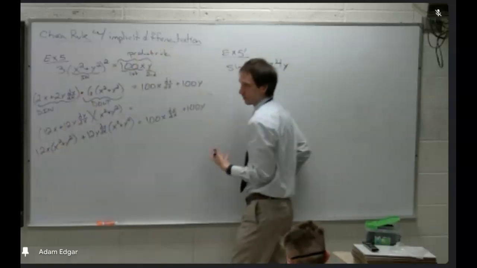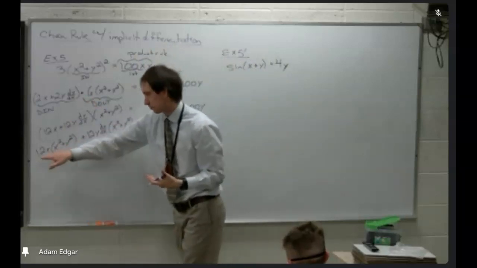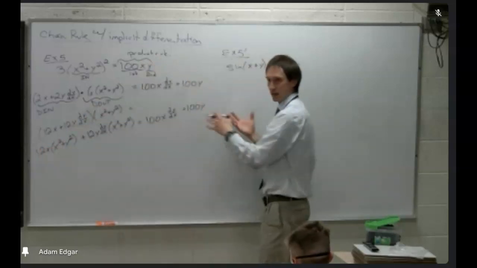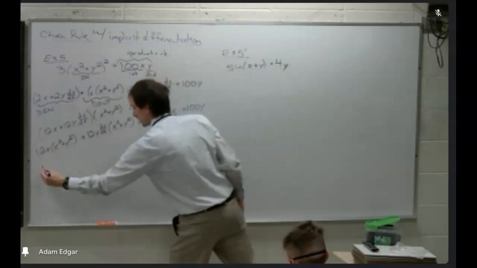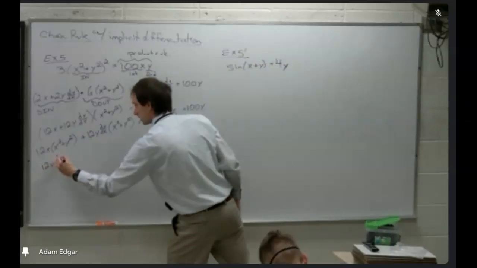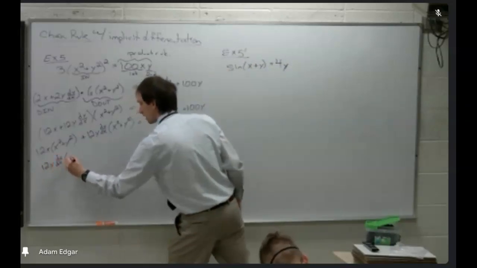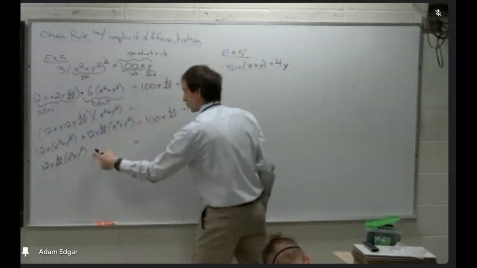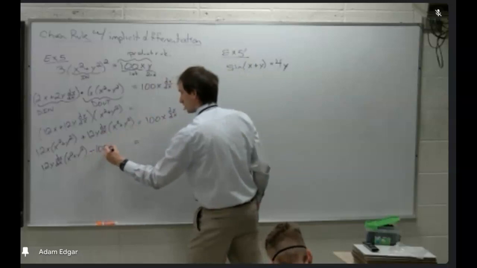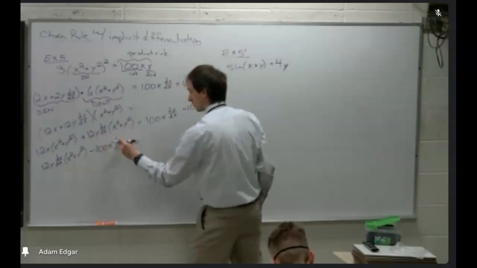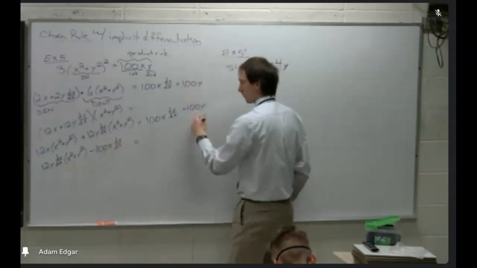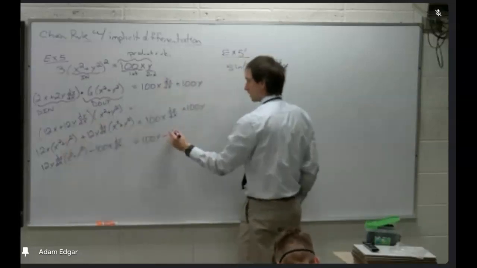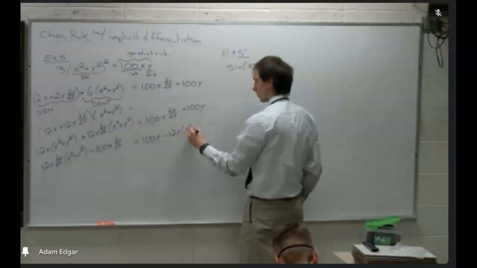And because this whole thing is positive, because there's a positive 12x up front, when you move it over here, just slap a negative in front of it. So we'll have a 12y dy/dx quantity x squared plus y squared, minus over the 100x dy/dx, so that all the dy/dx things are on the same side. And over here we have a 100y. And then we'll subtract over that entire 12x quantity x squared plus y squared business.